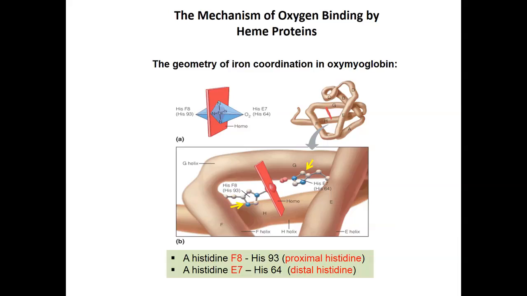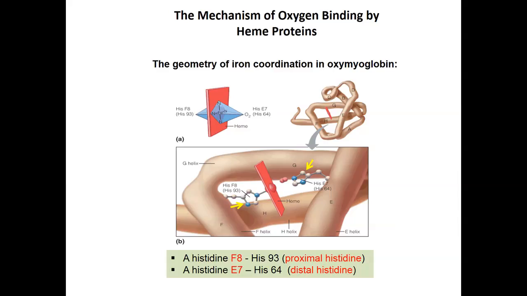Now the histidine E7, histidine 64 in the molecule, in alpha helix E, position number 7, is called the distal histidine, this one. So the proximal one holds the heme physically, but this one is located there, and its presence is needed to stabilize oxygen in the heme.